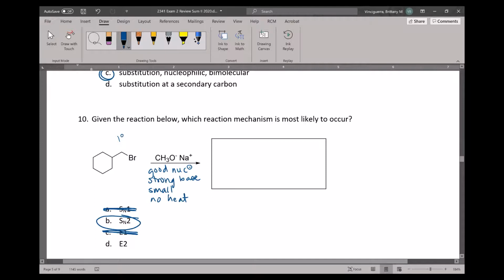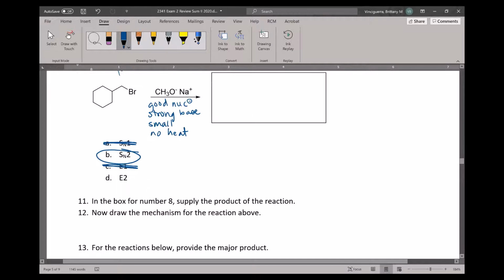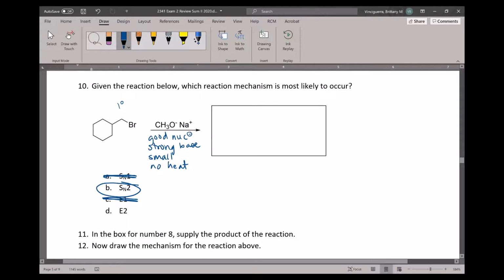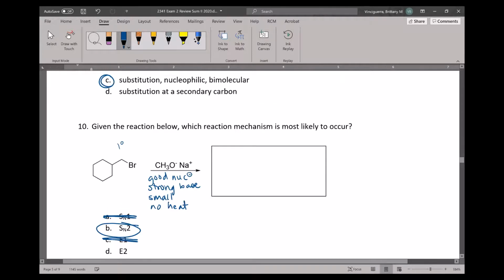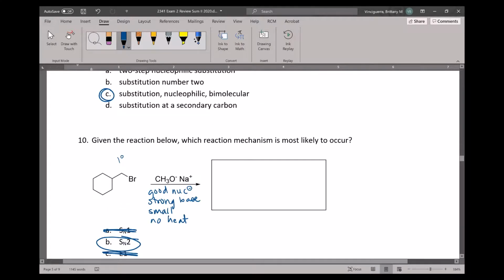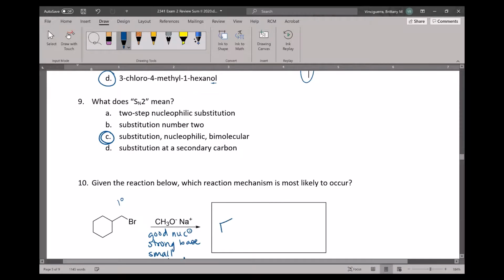In the box for number 8, supply the product of the reaction. Sorry, this was originally number 8. I copied and pasted a lot of this from old quizzes because you guys didn't get those quizzes, which means you've never seen these problems.